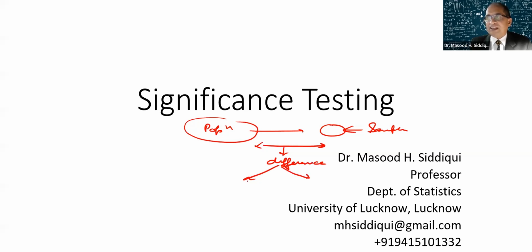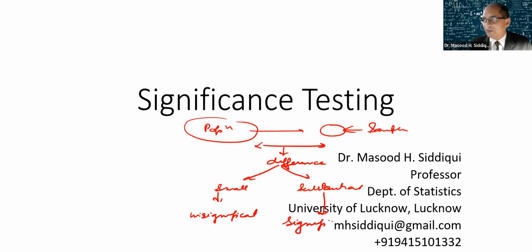What we do is examine whether this difference is small, or whether it is substantial. So this difference is insignificant, I'm now using a technical word, or this difference is substantial or significant. So we always have a difference.